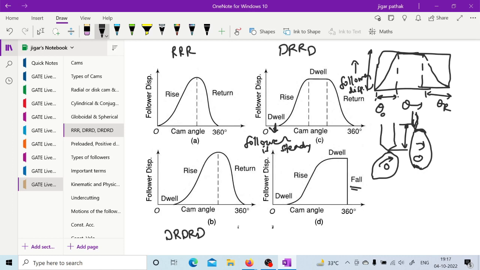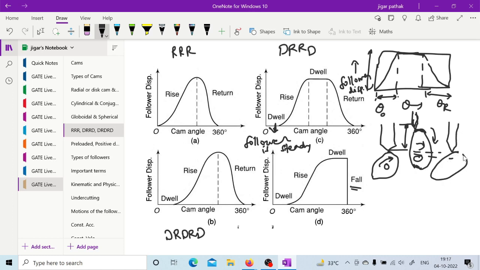So during this particular rotation it will remain steady, that is known as dwell period, and then again there will be a return because this particular rotation will come. So what will happen is again it will come back to its original position, right, like this.